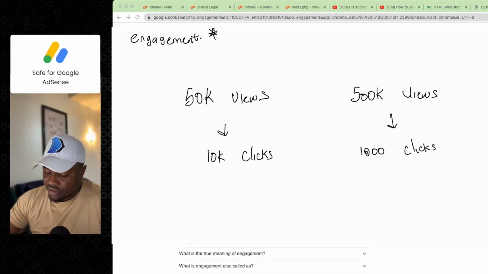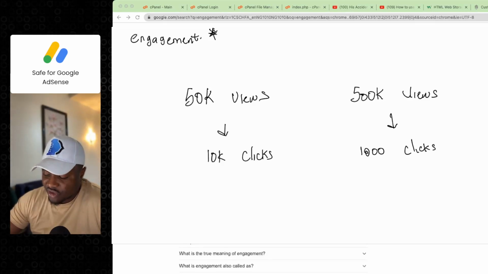Now, looking at these two diagrams, you can see something on the screen. The first one is written 50K, which is views. So 50,000 people saw a video. The other one is 500K views. Now you're being told that for the 50,000 people who viewed the video, 10,000 clicked on an ad, and for the 500,000 views, 1,000 people clicked on an ad.